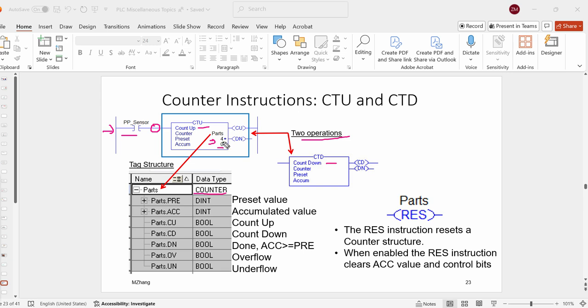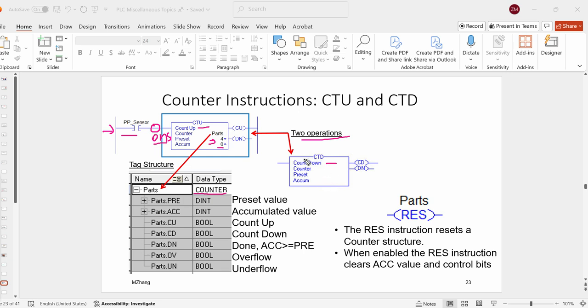It will cause a false count. That means, do we need to add a one shot in between here? In the demo we'll look at it. So this is one thing we will solve with this video.